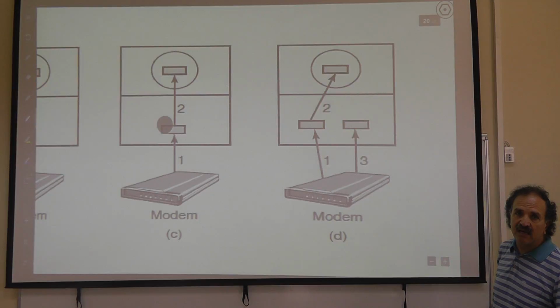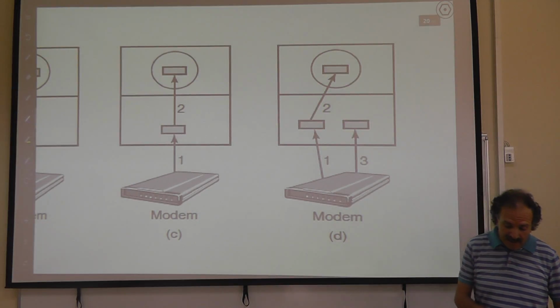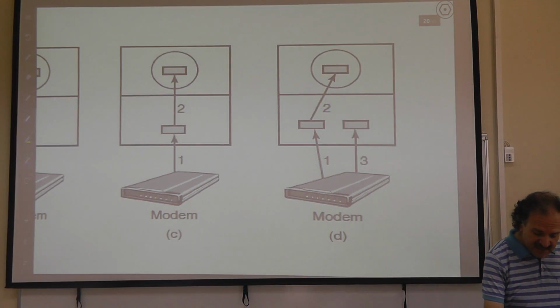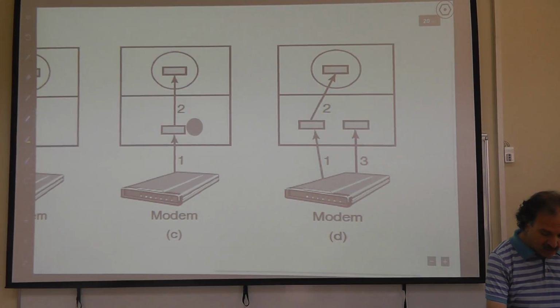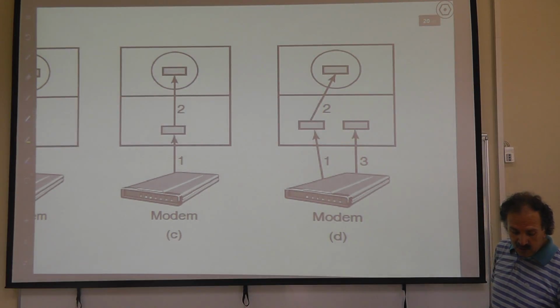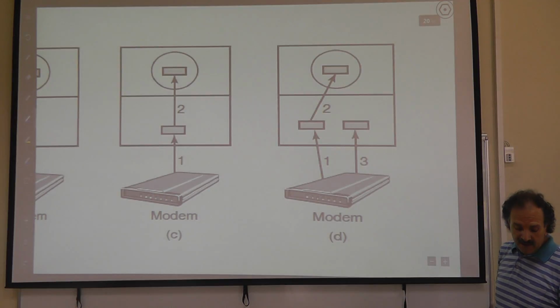That means this is a much safer place to write your data. That's a good solution. But in that case, I need to keep the buffer two times. One buffer here and another buffer there.